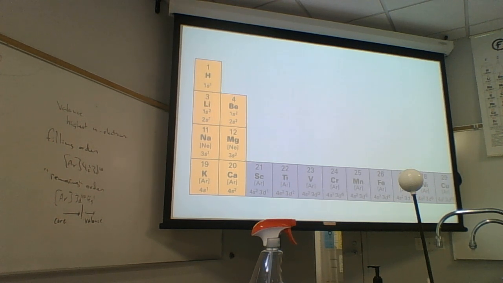And then the fourth shell just has one electron, 4s1. If potassium loses that electron, we're left with the outermost shell being the third shell, completely filled, 3s and 3p, which makes it stable. Nothing happens to the core electrons.